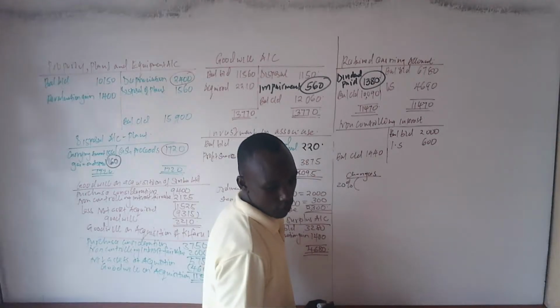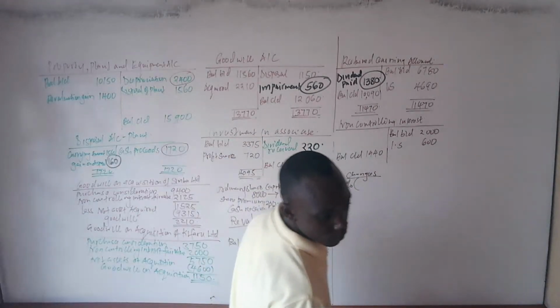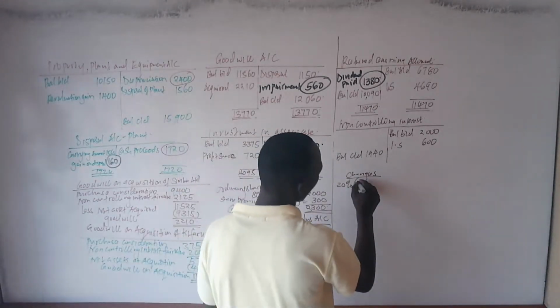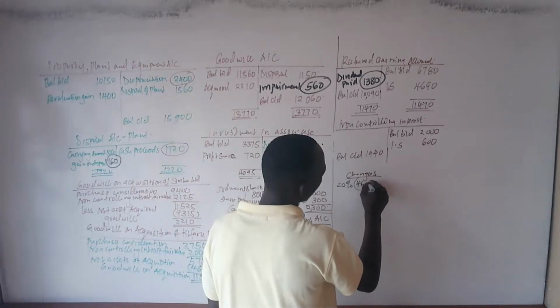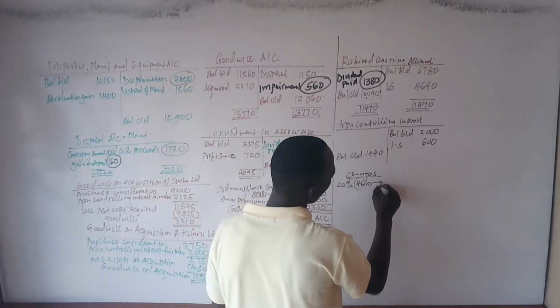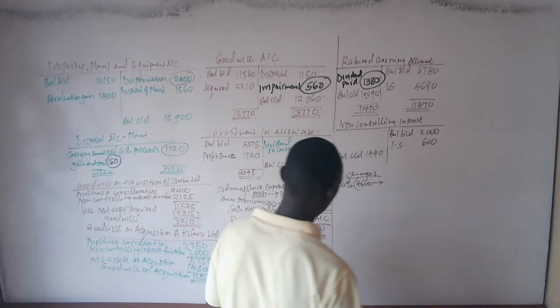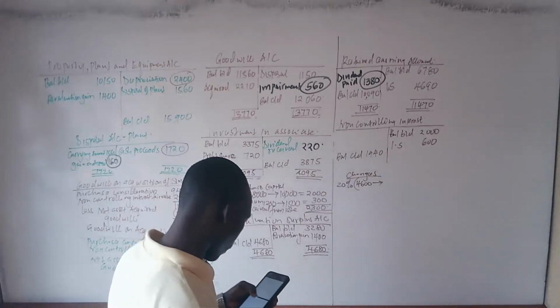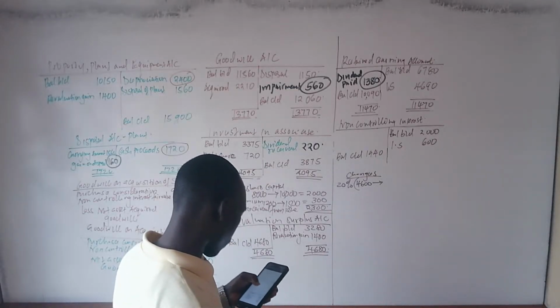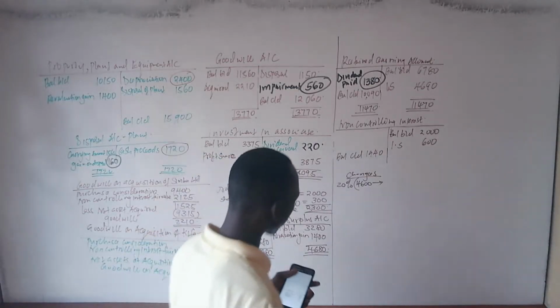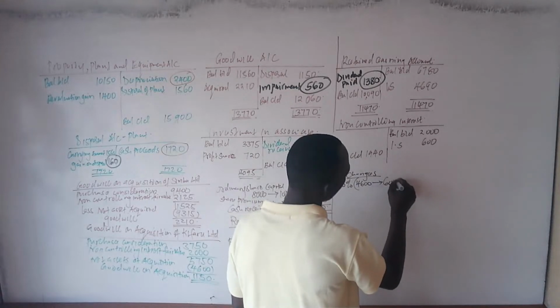At acquisition, how much was it? 4,600. At disposal, it was 6,100.